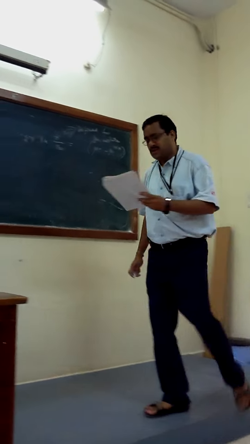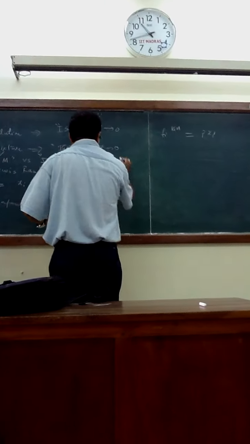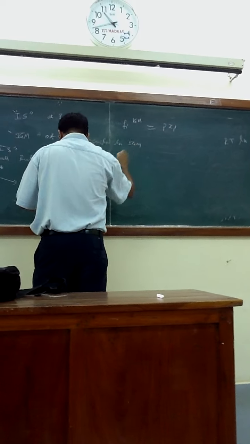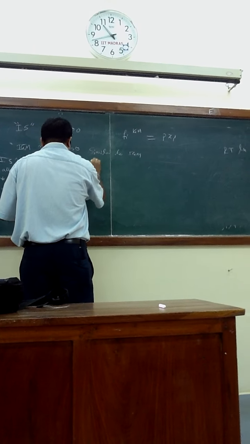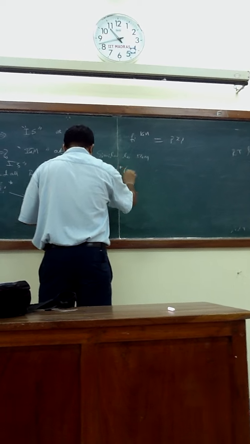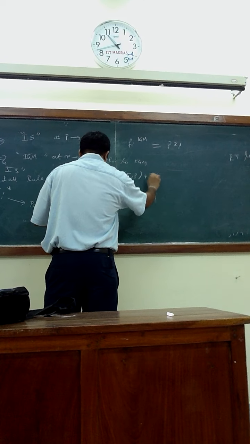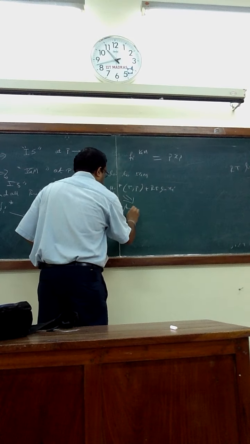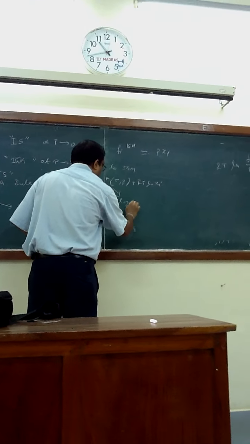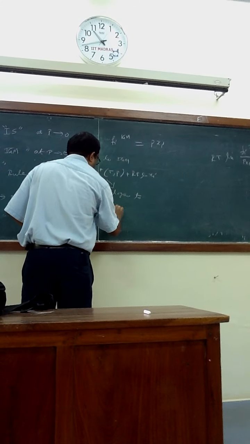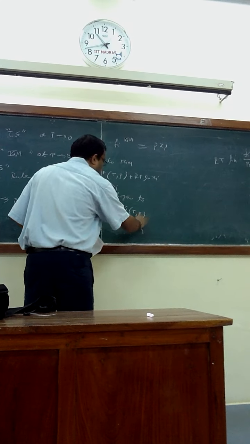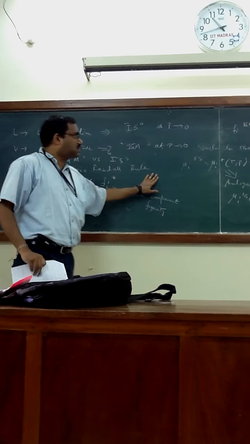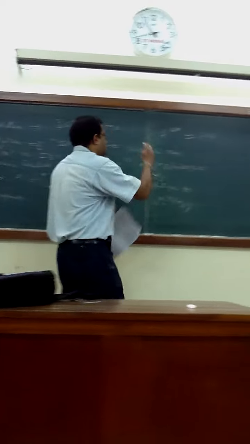Similar to IgM, you can also write mu i as mu i star(T,P) plus RT ln xi. This is analogous to mu i IG(T,P). So up to that everything is okay, except this relationship.